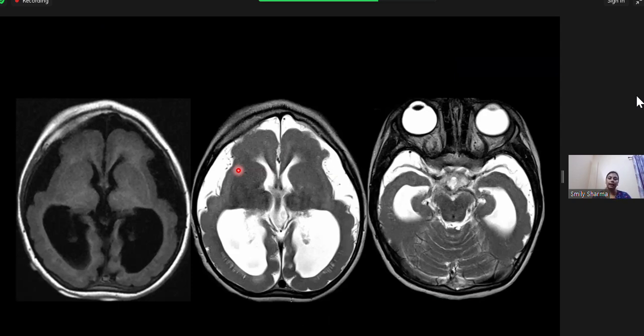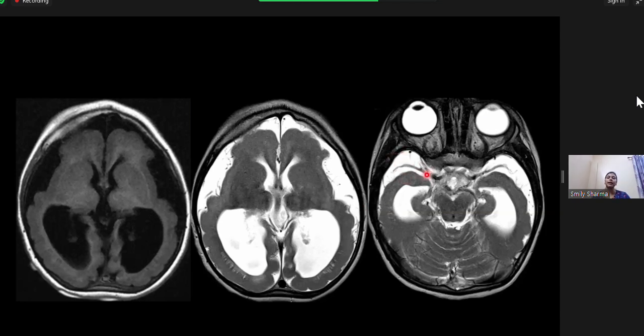So this is another case where there is microcephaly. Here again, we have ventricular dilatation, and we have some lesion pattern as well. And apart from that, there is prominence of the hydrocephalus. Okay, we'll discuss.